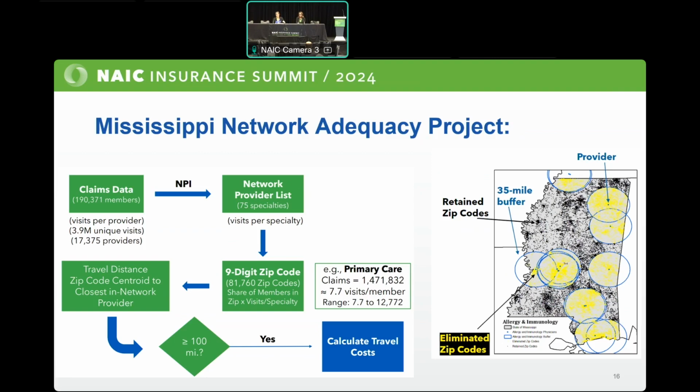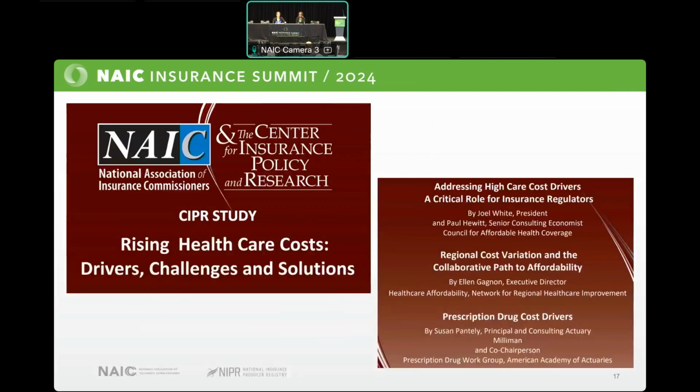So again, that's an example of observational data. Another one is all the different kinds of reports and work that we do around affordability.